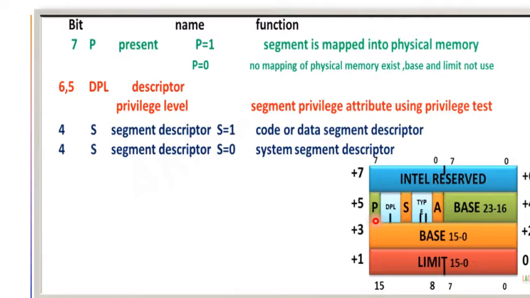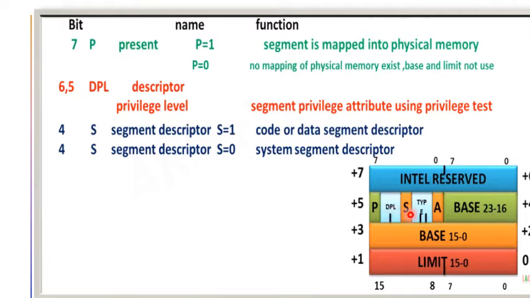Next, bits number 6 and 5 are reserved for the descriptor privilege level, DPL. Its function is that the segment privilege attributes are used in the privilege test.